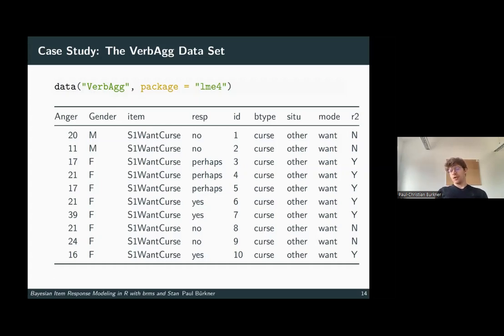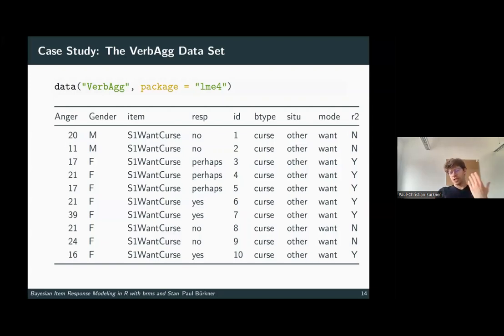The variable mode asks, for example, do they want to show that verbally aggressive behavior, or would they actually show it in that case? So wanting is, of course, one step further away from actually doing it than doing it. And there could be different situations, different kinds of verbal aggression. The responses actually have 3 levels: no, I wouldn't show that verbal aggression behavior, or didn't want to do that; perhaps, something in between; and yes.